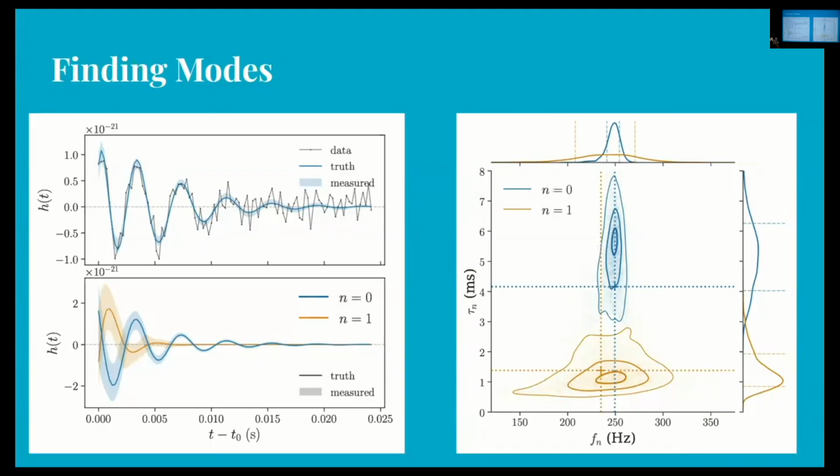Roberto. Hello. Can you hear me? Yep. So my question is still on the plot on the right. This is not zero noise, right? This is one realization of the Gaussian noise.